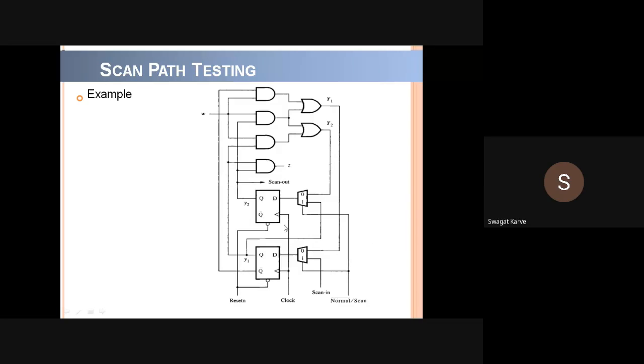You have to follow these three steps: enable scan mode, then give scanning data, then disable scan mode, give the clock pin, again enable scan mode and observe the scan out. So these are the three steps you need to follow. Understood?